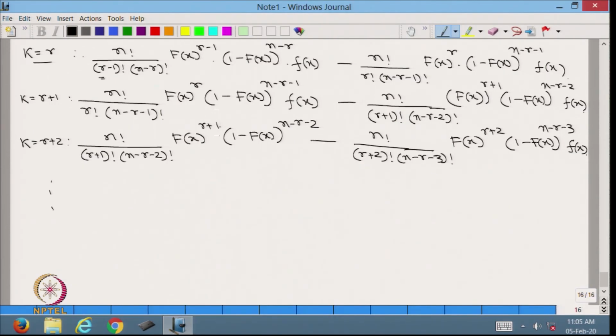We will go like that, but in the meantime we notice that this term is the same as this term, so they will cancel each other.